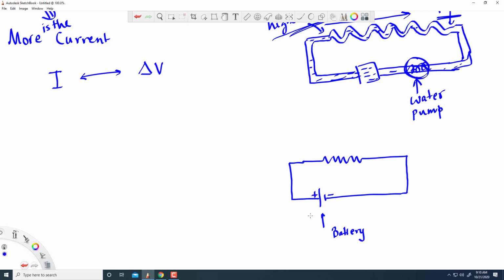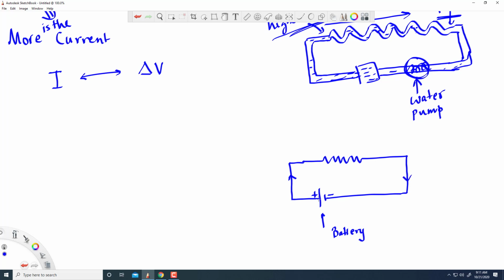And like we talked last time, there are two types of current flow. One is negative flow, which is the actual one, but since we have been using for a long time this conventional current, where we assume that there is flow of positive charge. So we always represent the flow in the form of flow of positive charge, going from the positive of the battery towards the negative of the battery.